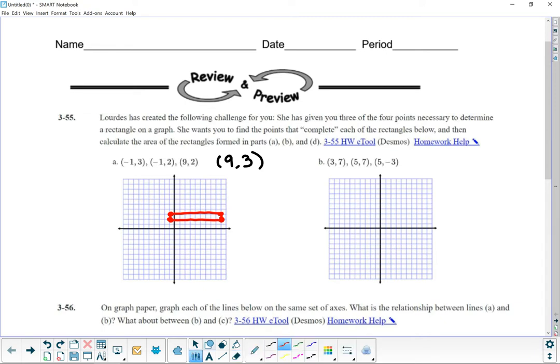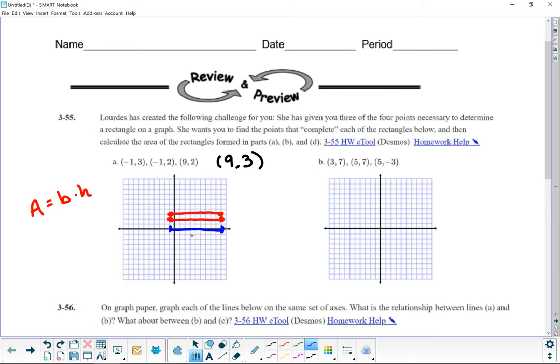And the second part is, what's the area of this rectangle? So the area of this rectangle, I'll put it right here. So area is going to be the base times the height, or the length times the width, however you might have learned it. Okay, I'm going to go with base times height. So the base of this rectangle is, how long is this base here? How long is it from here all the way to here? Okay, and if you count through there, you get that the base is going to be 10.